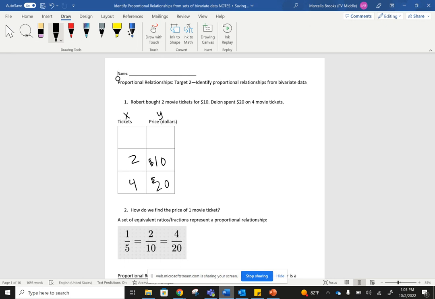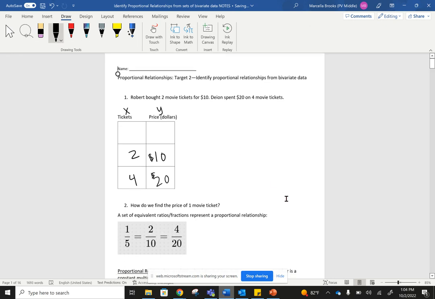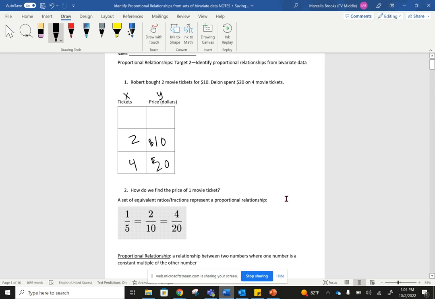So the question on number 2 is, how do we find the price of 1 movie ticket? To find unit rate, what we have to do is Y divided by X. So we're going to do Y, which is 10 divided by 2. That gives us 5. We could also do the other set, $20 for 4 tickets.